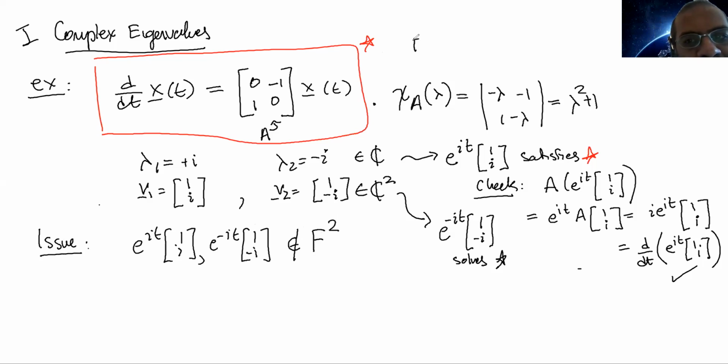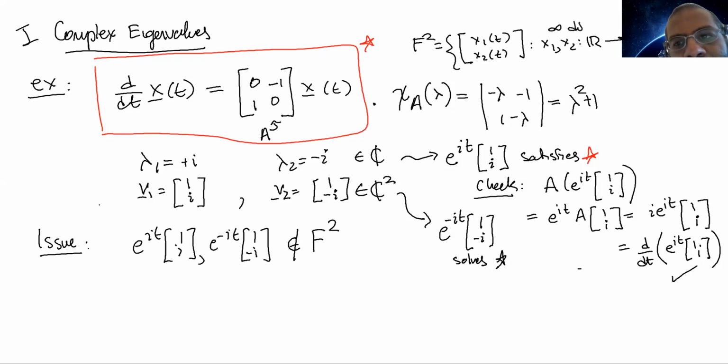Remember, F2 is the space of all infinitely differentiable real functions. So these are not in it because they're not even real functions. We came across this earlier in the second order ODE section. Any thoughts on how to get some real functions out of these anyway?